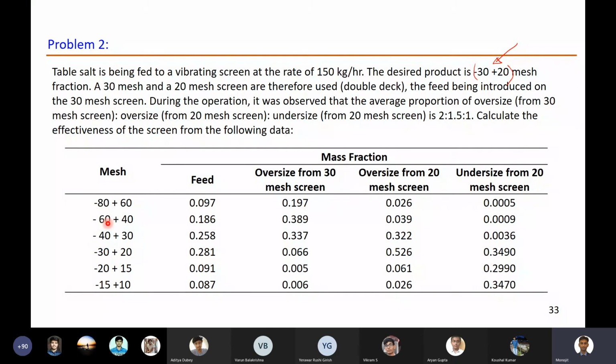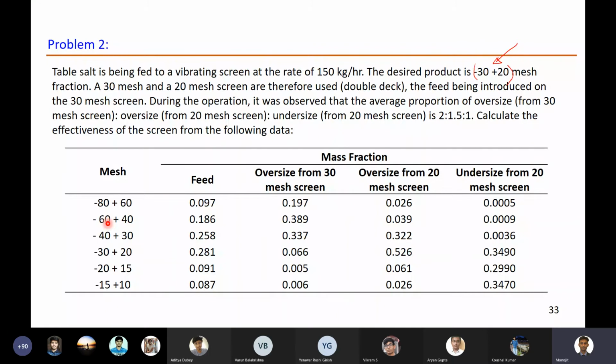It's a continuous process, as industrial screening is a continuous process. So at any point of time, the ratio of the oversize from the 30 mesh screen to the oversize from the 20 mesh screen to the undersize of the 20 mesh screen is 2:1.5:1. You have to calculate the effectiveness of the screen from the following data.